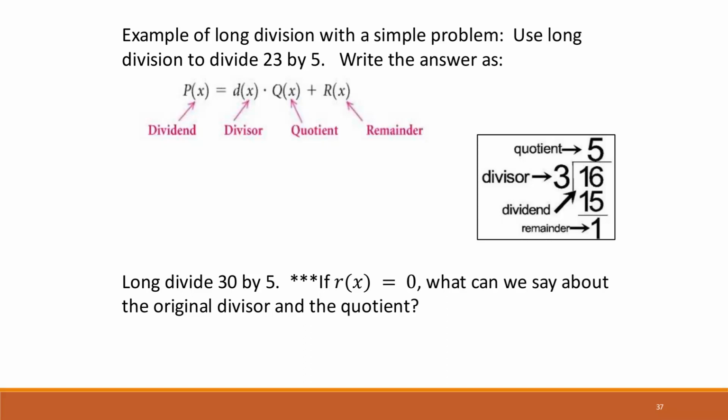And then we have the quotient, which is the other factor that we need to multiply to give us the dividend. And then we have the remainder if it's not an exact answer, right? So if the remainder is 0, then we know that the divisor and the quotient are both factors. So let's take a look.